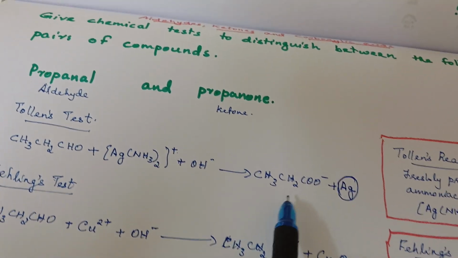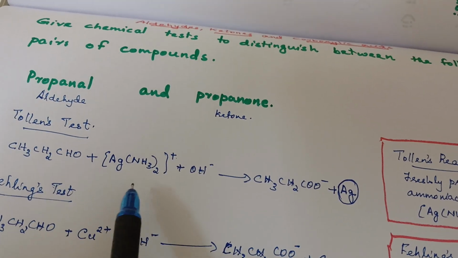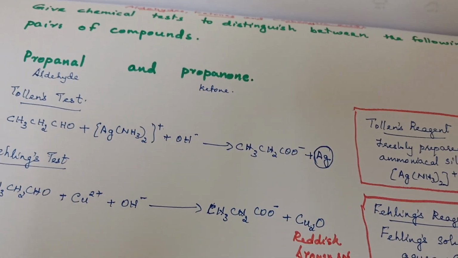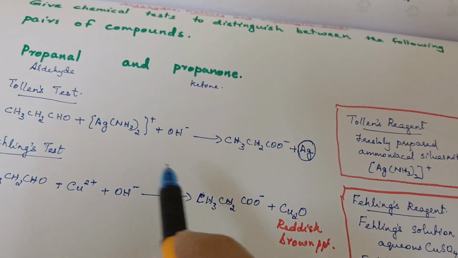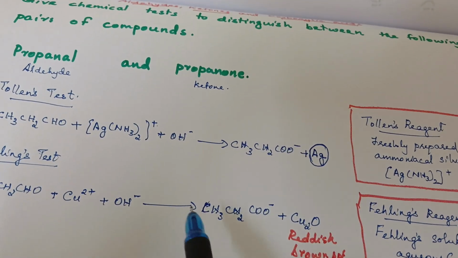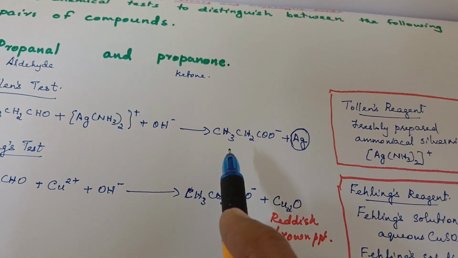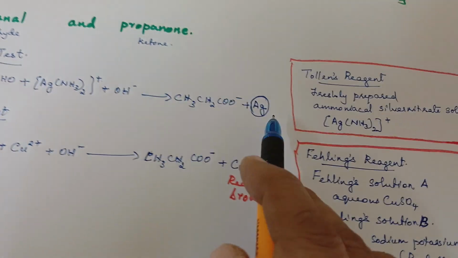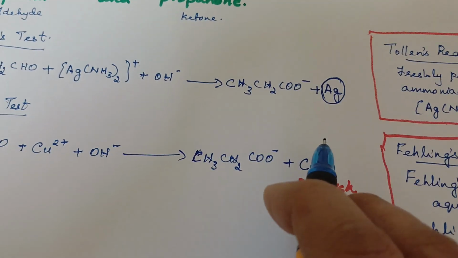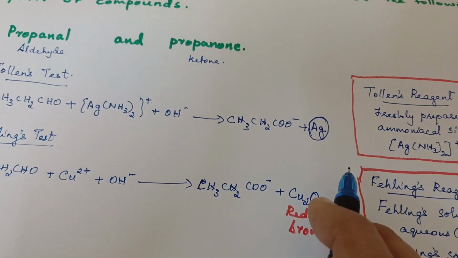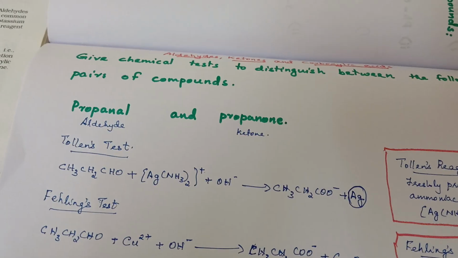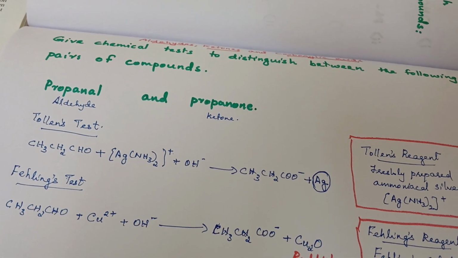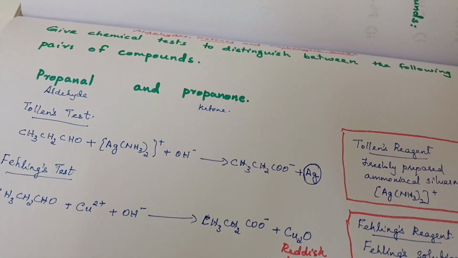Whereas in Tollens test, you heat propanal with ammoniacal silver nitrate solution in alkaline medium, you will get the carboxylate anion, and a silver mirror is obtained, that is silver metal is produced. So these are the tests which can be used to distinguish propanal from propanone, and propanone will give the haloform test.